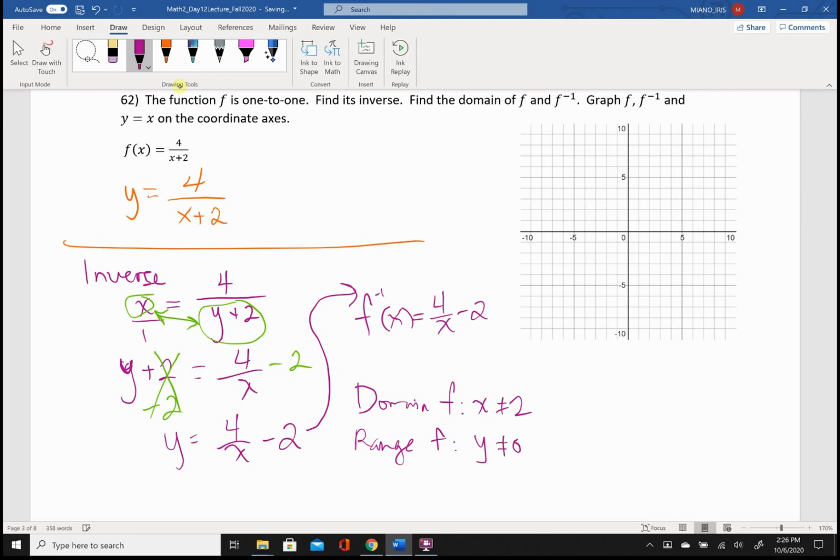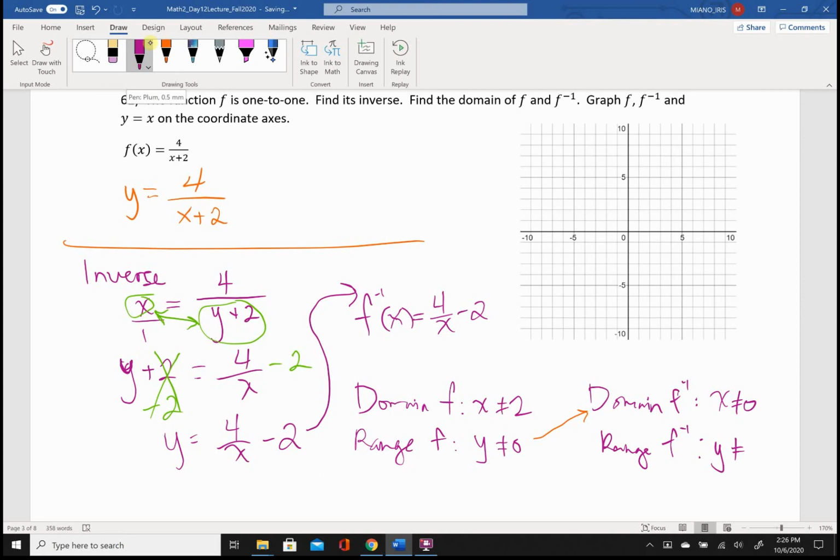And then the domain of f inverse is going to be exactly the range of f. So maybe I'll put a little line from here to here. It'll be that x cannot equal 0, right?